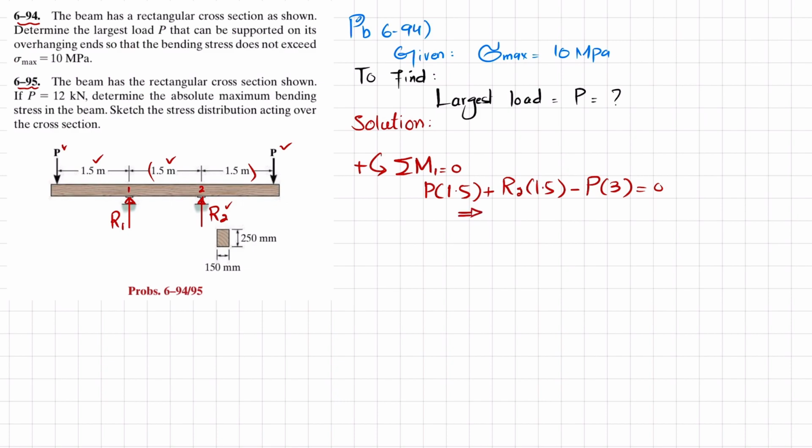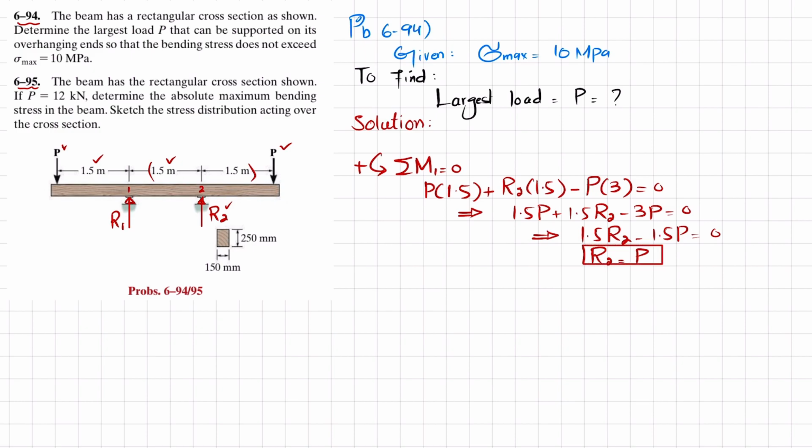So again you will have 1.5 P plus 1.5 R2 minus 3P is equal to 0. So from here 1.5 R2 minus 1.5 P will be equal to 0. So it means that R2 is equal to P.